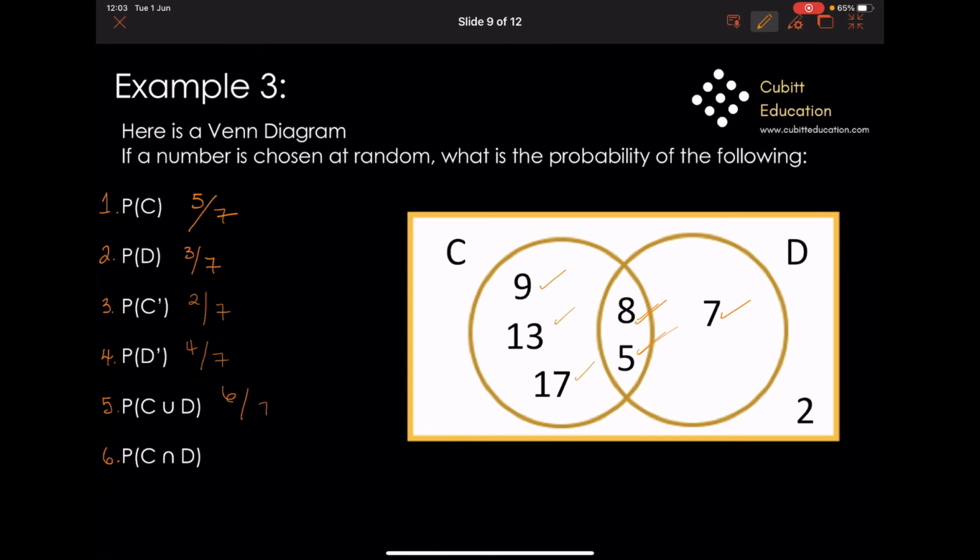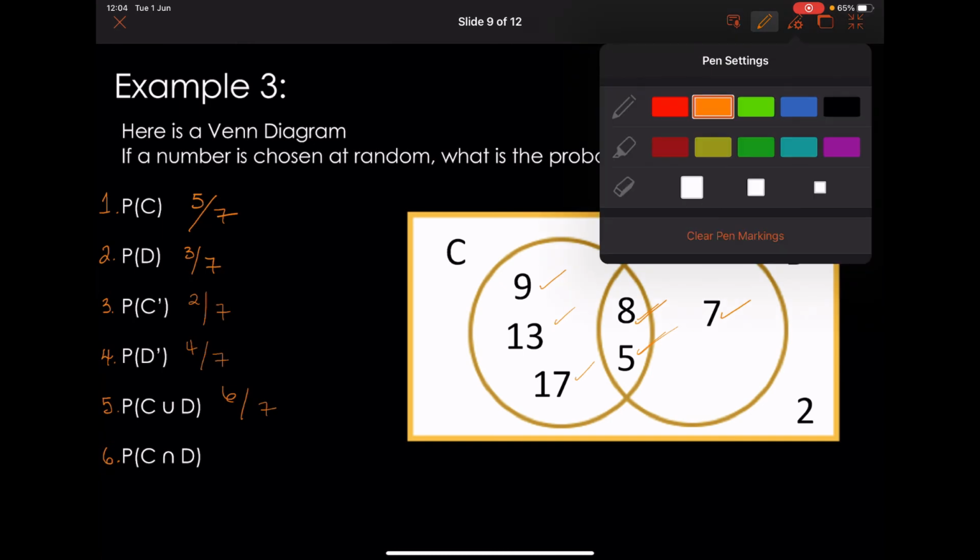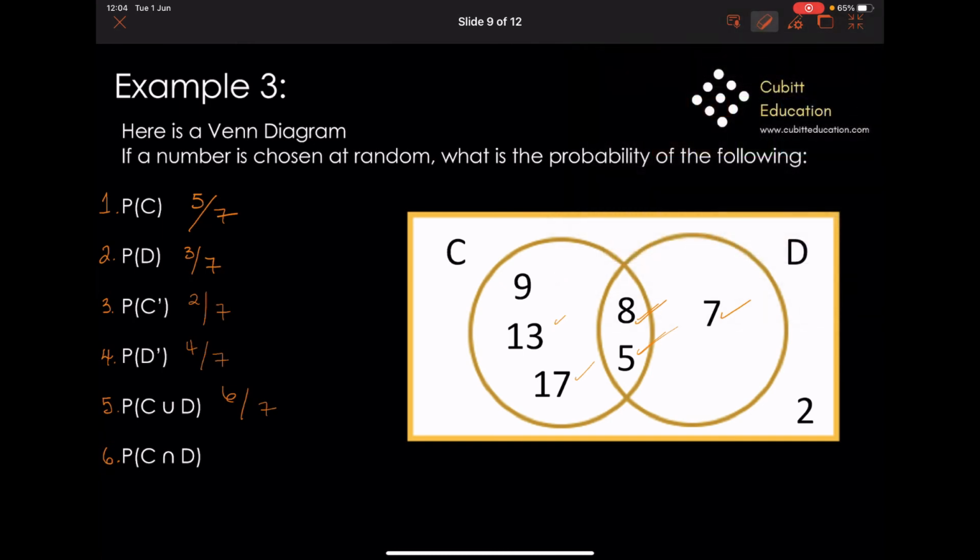So that'd be 6 out of 7. And then finally, our last number is C intersect D, which is anything in the middle section just here, which is 8 and 5. So that's only two numbers, 2 out of 7.